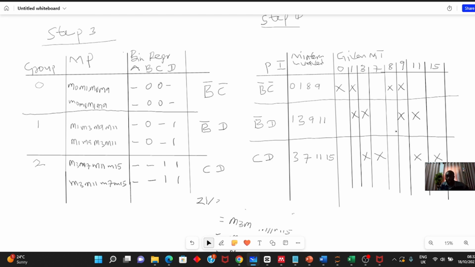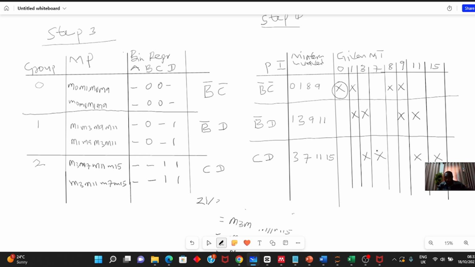Remember, we are trying to look at those that are essential. In other words, we are looking at the essential prime implicants. These are all prime implicants, but we are looking at those that will be essential, that will form part of our simplification. In the PI table, looking at those demarcated with X, identify those that have an X standing alone on its own. If you do that, at this position the X is standing alone in that column.